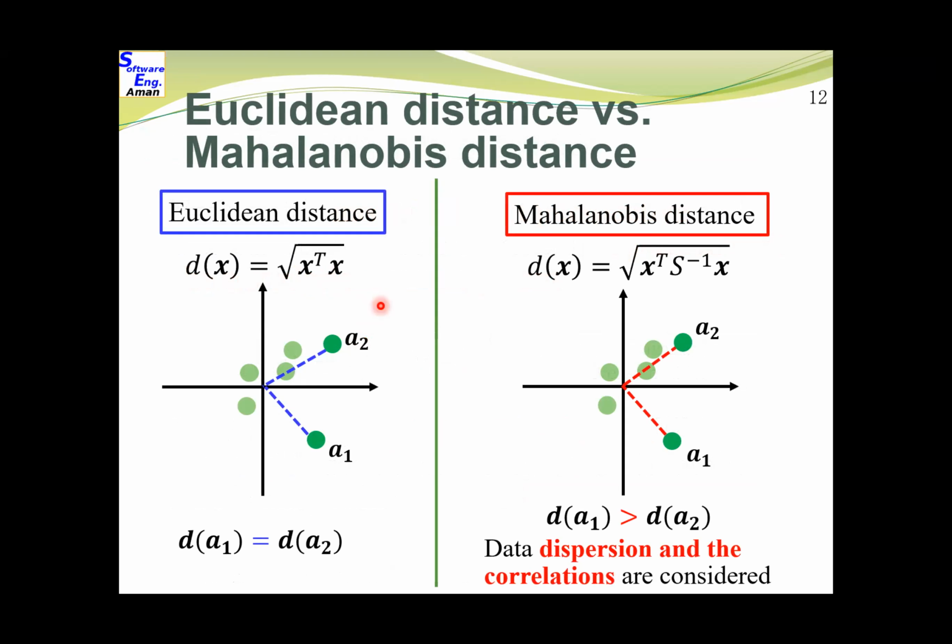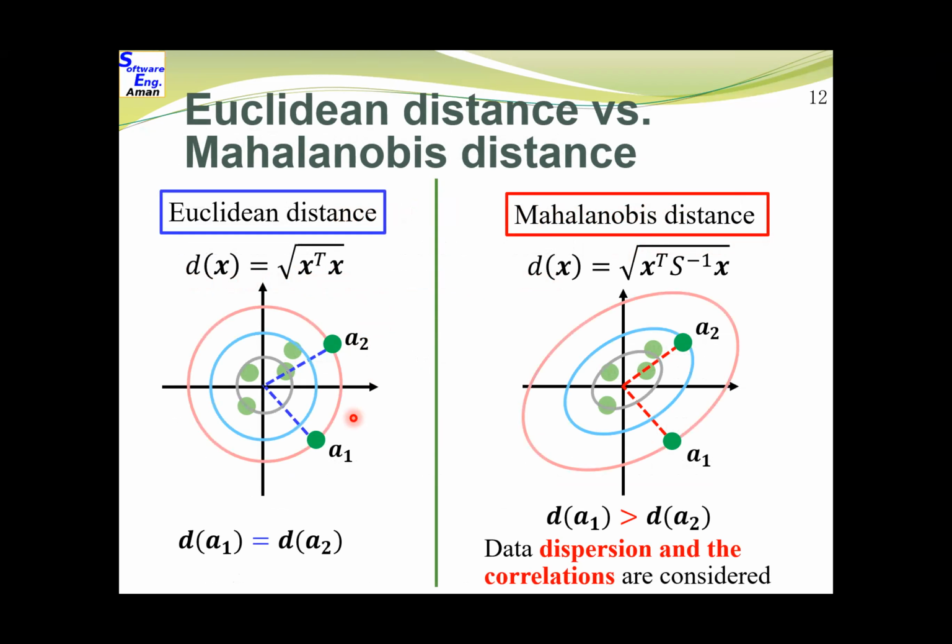Although the most general distance scale is the Euclidean distance, I will explain why we use the Mahalanobis distance. In the graph, green points are data of interest, and each circle is the distance from the origin point. In the Euclidean distance, A1 and H are on the same circle.